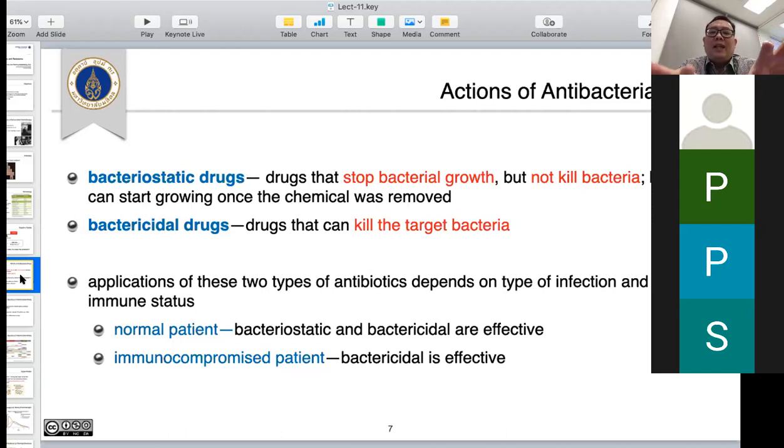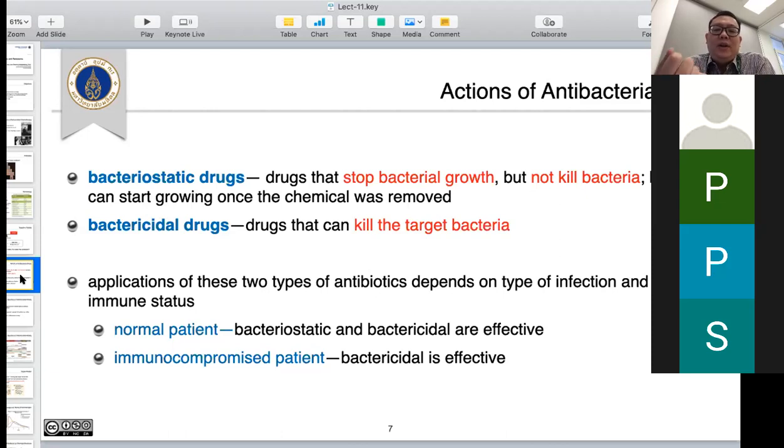So bacteriostatic and bactericidal are both effective in normal patients, but an immunocompromised patient cannot develop an immune response, and without immune response, even innate immunity, the patient cannot tolerate the effect of bacterial infection. So bactericidal is more effective than bacteriostatic.